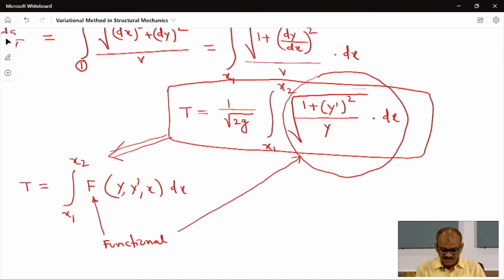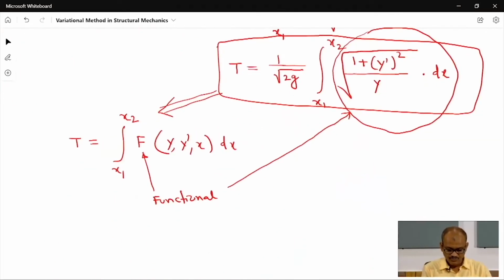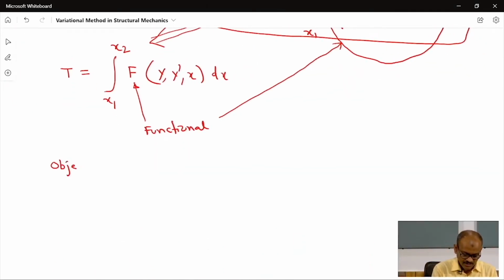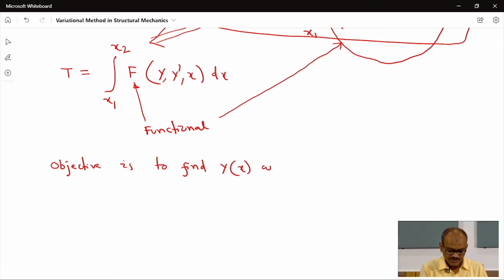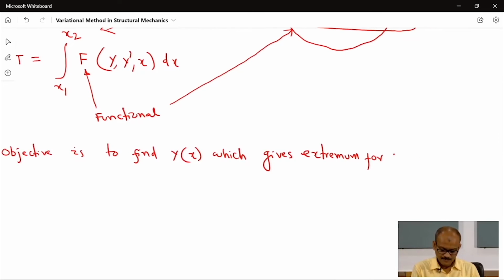So what is our objective? The objective is to find this y of x which gives an extremum for the integral t.